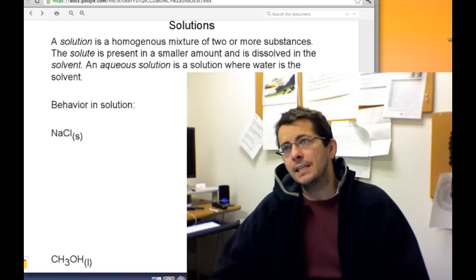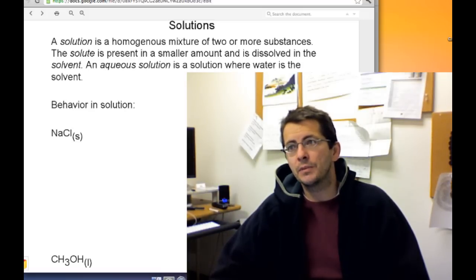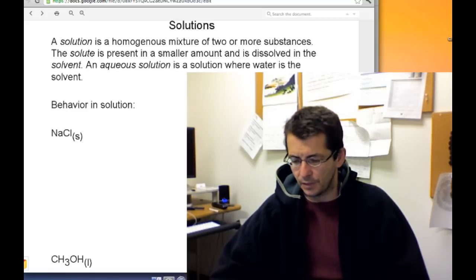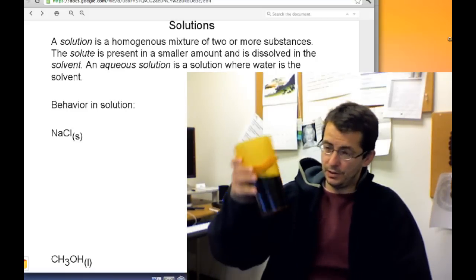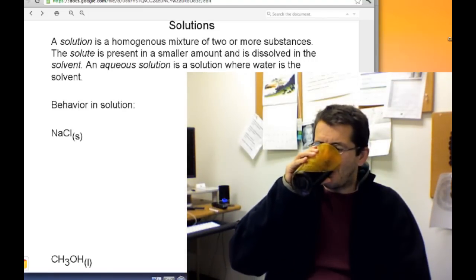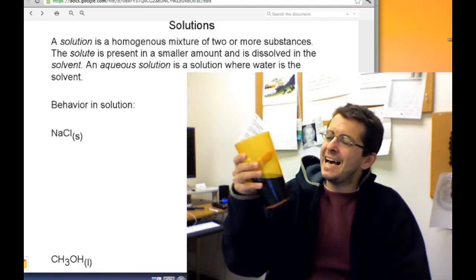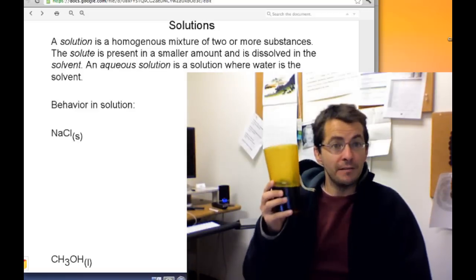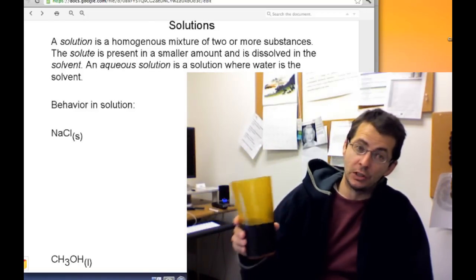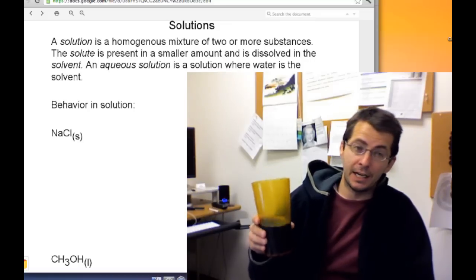Traditionally, we have a tendency to think of it as a solute, some component that is dissolved in a solvent. So, for instance, this bubbly beverage, the solvent would be water, and the solute would be the sugar and carbon dioxide.